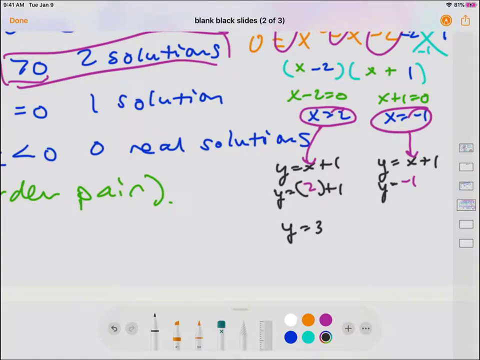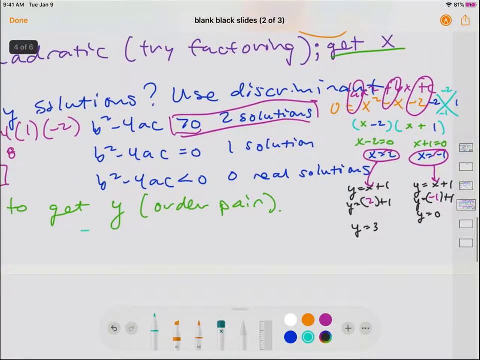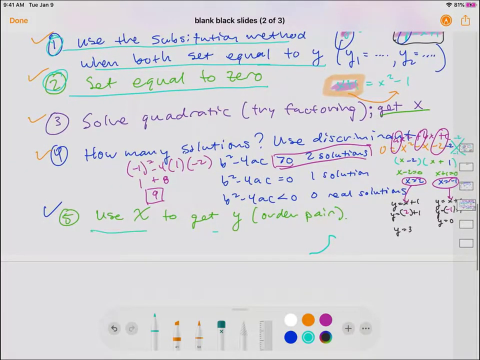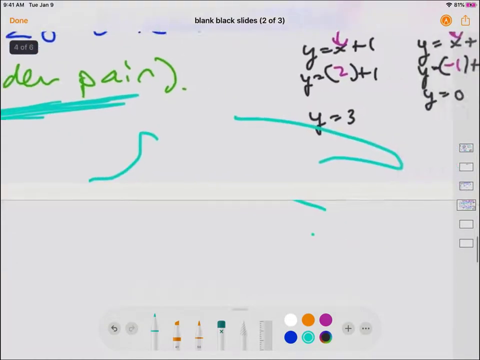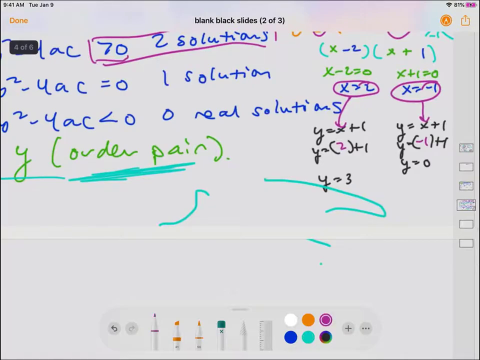And y equals negative 1 plus 1, which is 0. So the last step we said was using x to get an ordered pair, and our ordered pairs are (2, 3) and (negative 1, 0).